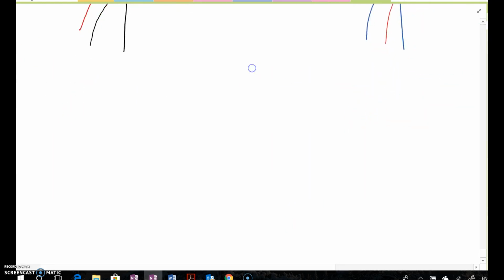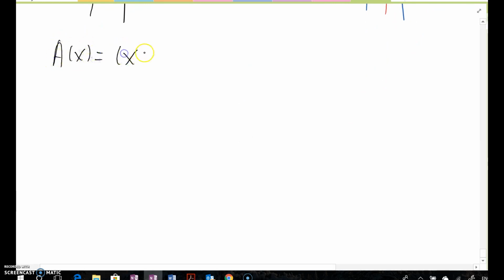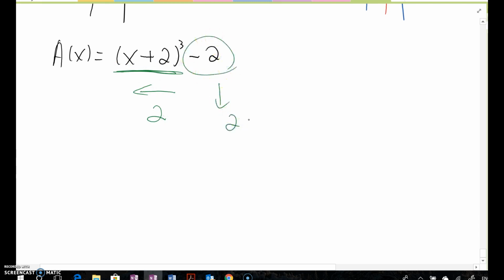So then now you can guess the graph of this function: a(x) equal to (x plus 2) cubed minus 2. Think about what we have learned from the quadratic function. Then we can guess the graph of this one. So the inside one moves left 2 units and the outside one moves down 2 units here.